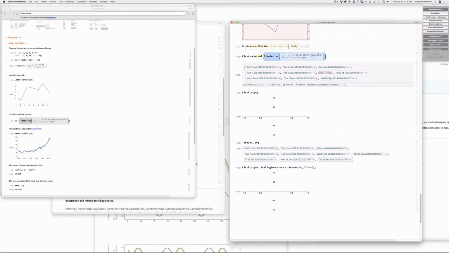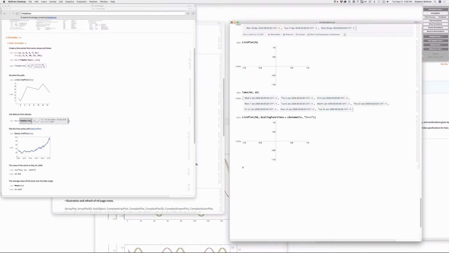Well, so you're saying we can get rid of date list plot. Essentially. Not a moment too soon. But now date list plot has all kinds of detailed settings for the dates. How will that work for list plot?